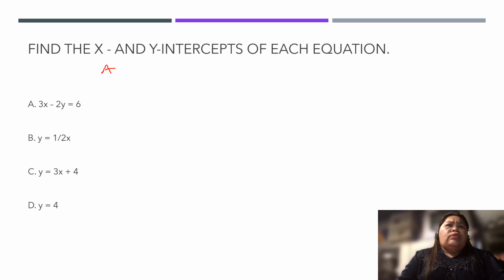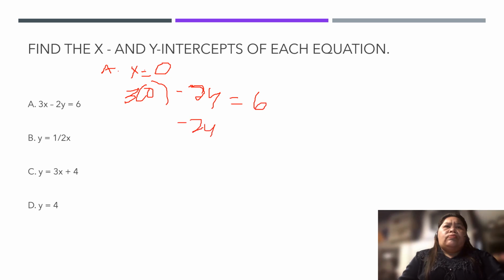For x equals 0, that means 3 times 0 minus 2y equals 6. So negative 2y equals 6, divided by negative 2.